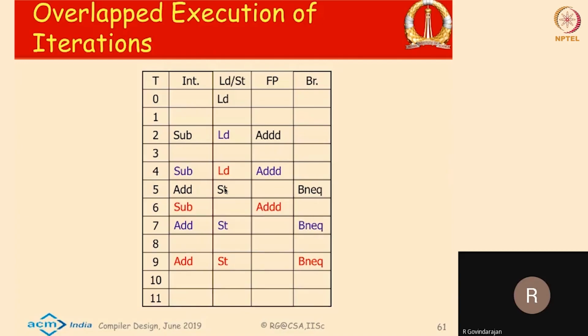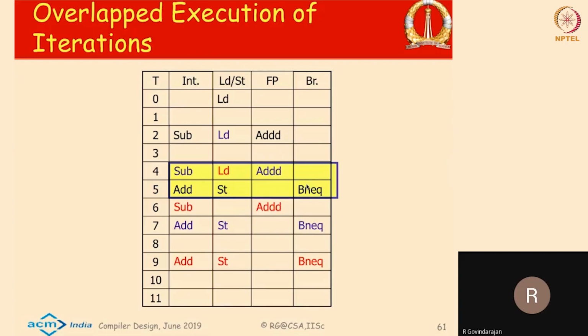Now you can see that at some point in time, I have what is called a steady state kernel, which has 1 load instruction, 1 floating point add instruction, and a store instruction, plus an integer subtract, integer add, and branch instruction, which are essentially all the instructions in 1 iteration of the loop.